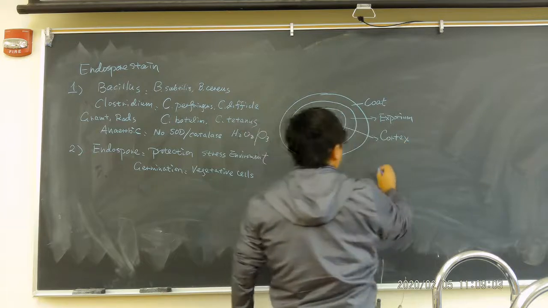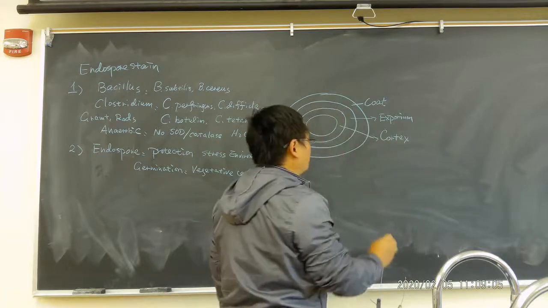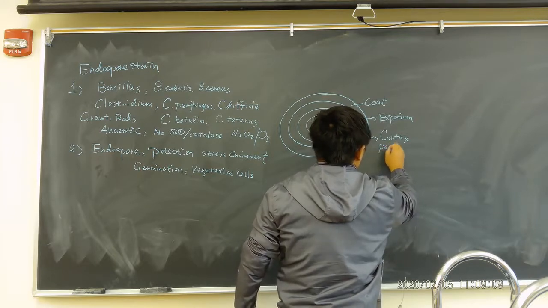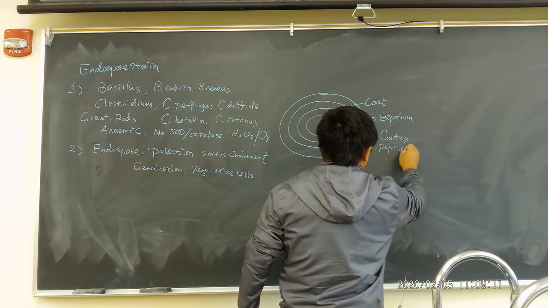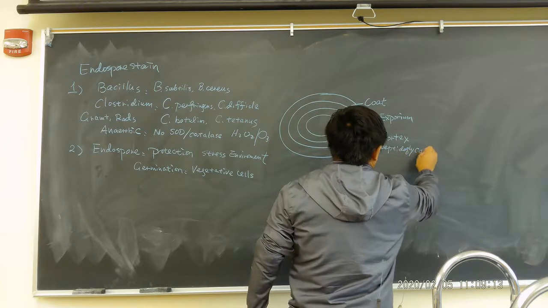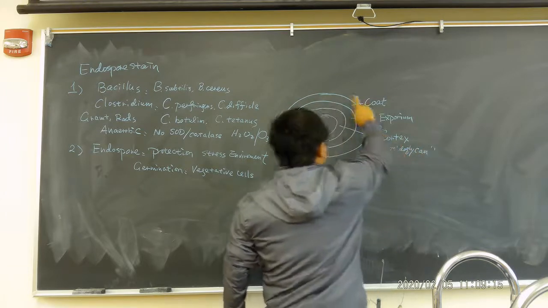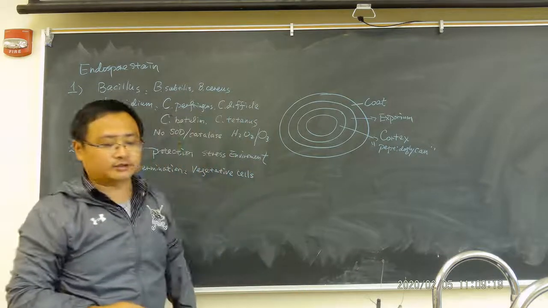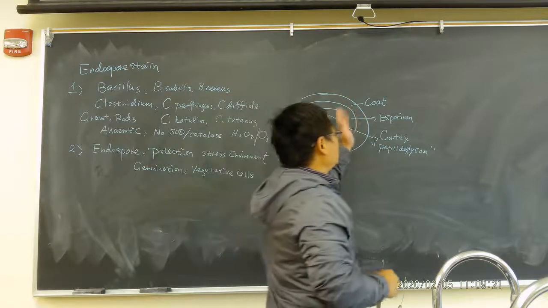The cortex is very similar to the bacterial cell wall. It is composed of polysaccharide, something similar to peptidoglycan. But these are not really important for the endospore to survive in the stress environment. This is like an outer layer.